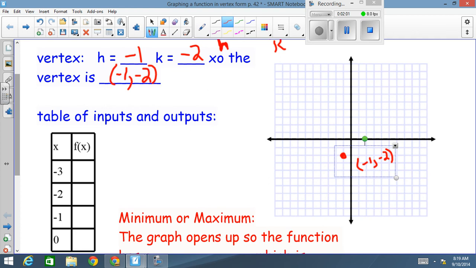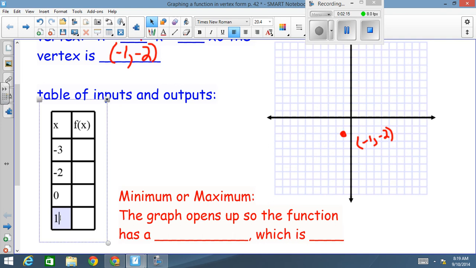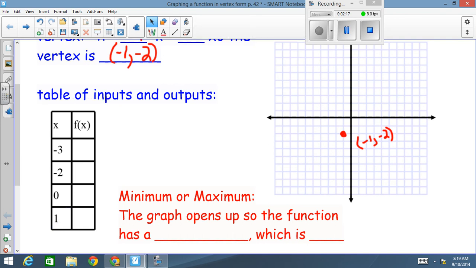Actually, now that I look at this, I think I have my table a little screwed up here. Let me adjust this because that's supposed to be a 0, and this one down here is supposed to be a -1. And the reason that I skip over -1 in that x table is because I already know what the y value is. I have that point already on my grid.